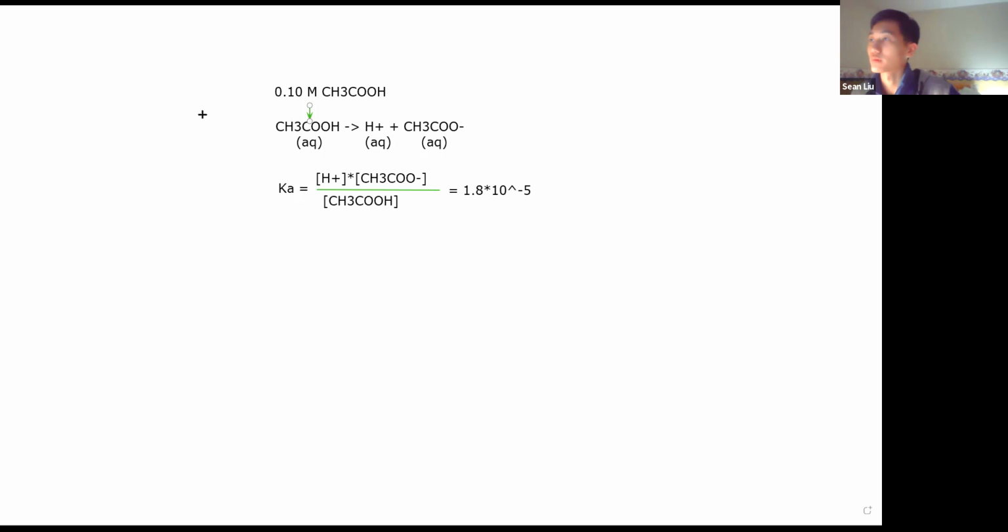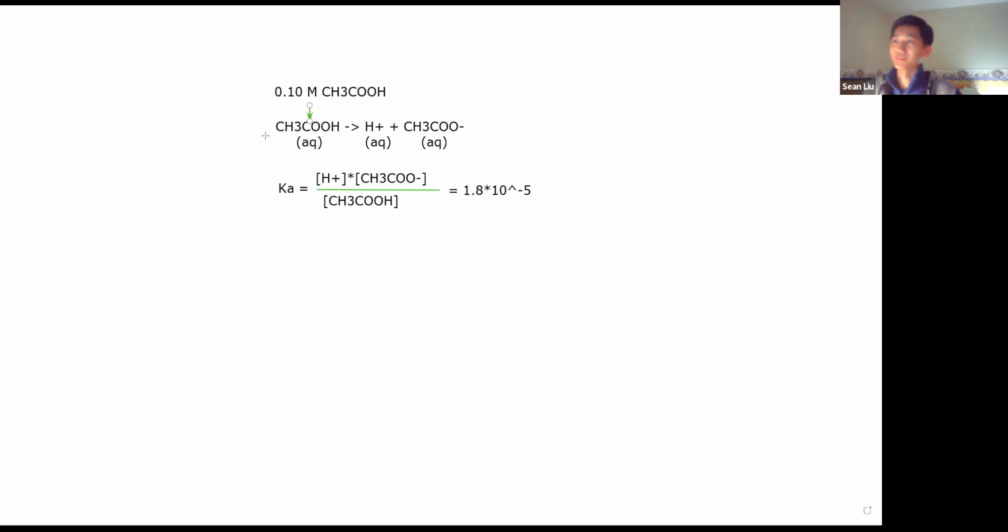Why doesn't it keep on breaking apart? The breaking apart of the acetate ion would be a different reaction. So we're talking about just this one reaction here, where the acetic acid breaks apart.